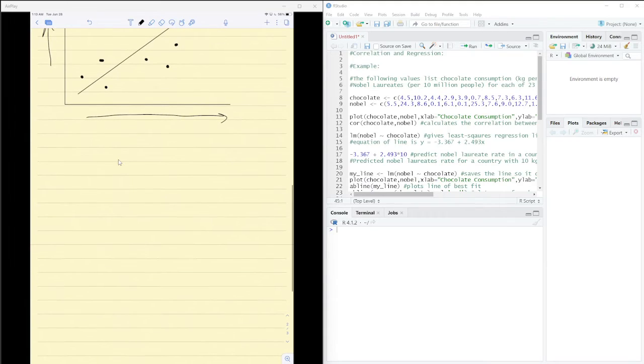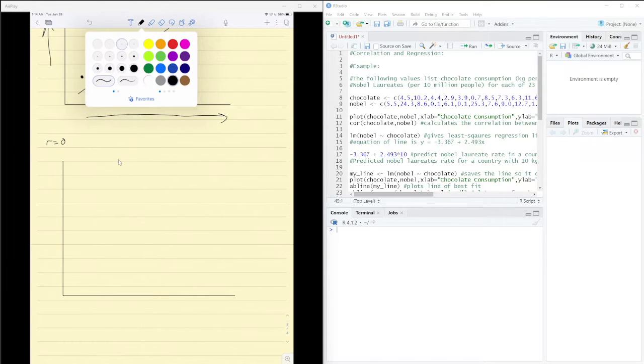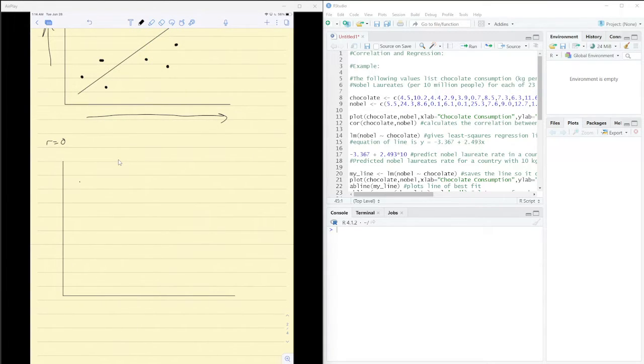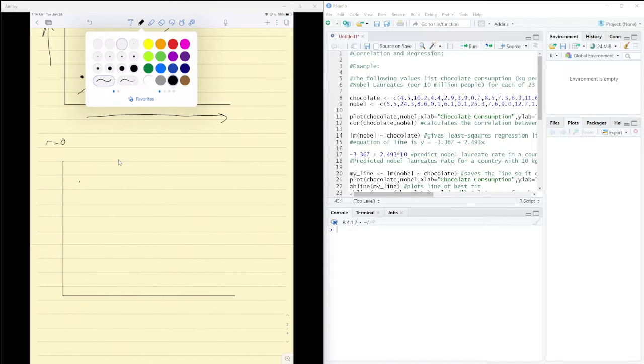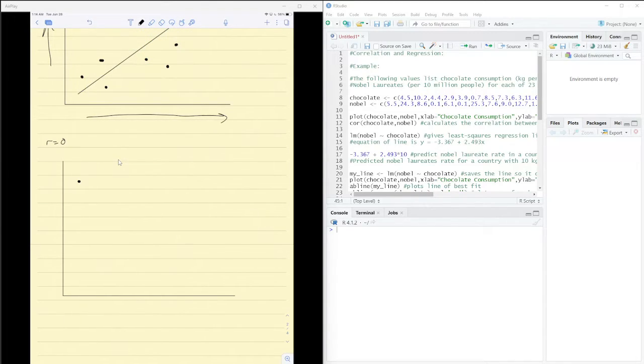Something that would be no correlation would be something where there is no discernible linear relationship whatsoever between the two variables. So you could think of just a random scatter plot. Right?